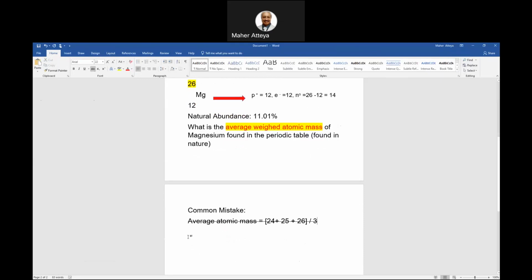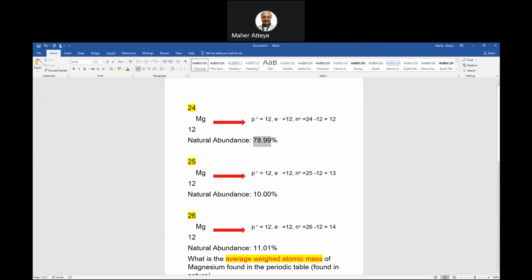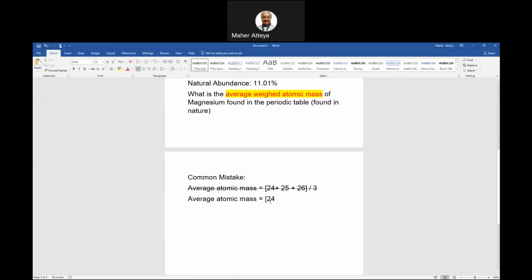So the weighted average atomic mass for magnesium will be equal to 24, the atomic mass of 24, multiplied by its abundance, which is 78.99. This has to be divided by 100 because it is a percentage, so it becomes 0.7899.